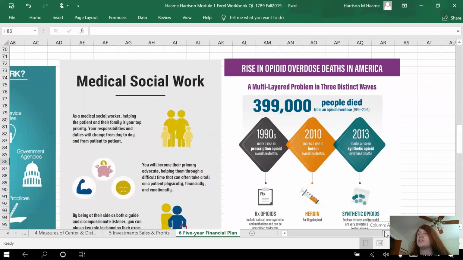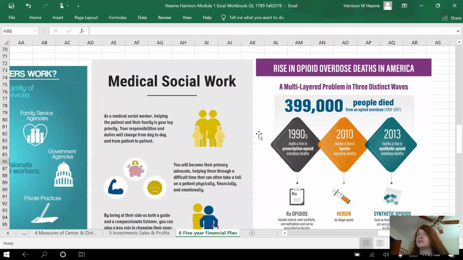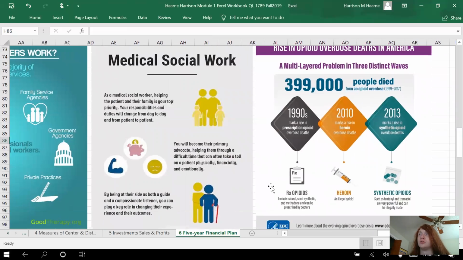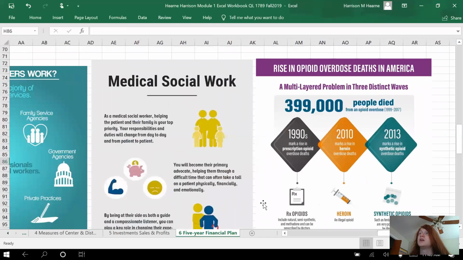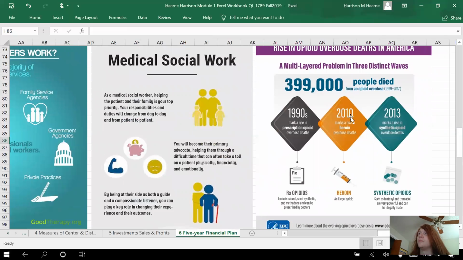The reason why I'm getting into social work specifically is to help combat the opioid epidemic in this country, which is an awful epidemic that is plaguing this country, especially young people. In the 18 years that this data is looking at, from 1999 to 2017, almost 400,000 people died from an opioid overdose.